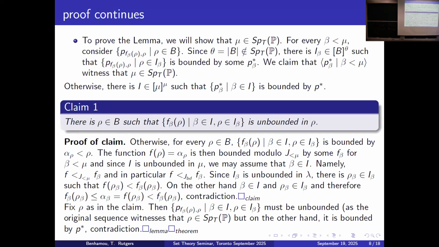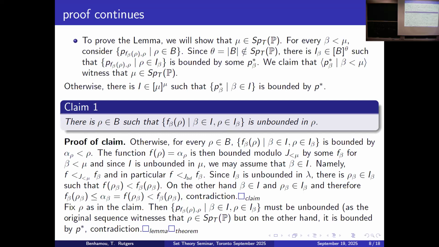The claim says that there is rho in B such that the set of indices beta in I, the set of indices where P bounds P star beta, and rho is in I beta, namely P star beta bounds F beta rho, P sub F beta rho comma rho, is unbounded in rho. This is what we claim. It's a translation of that.